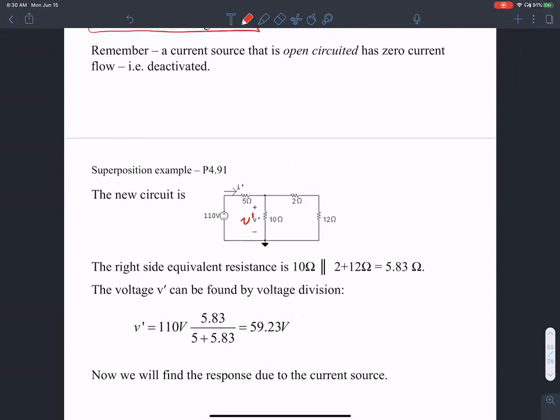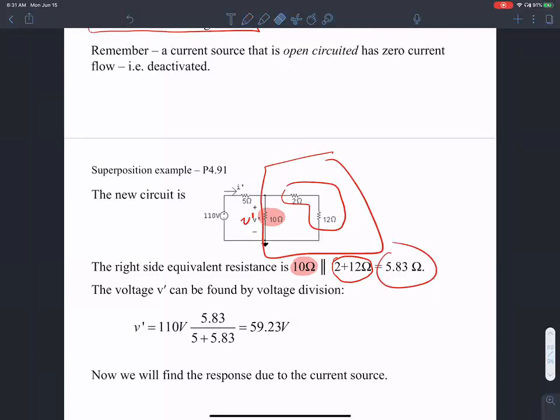Across that resistance, we start by noticing that there is a series resistance here. That series resistance is in parallel with this one over here. So the equivalent resistance of all of this is 5.83.